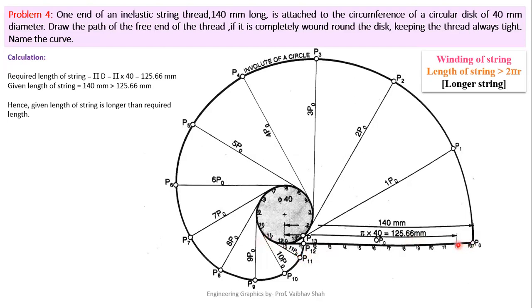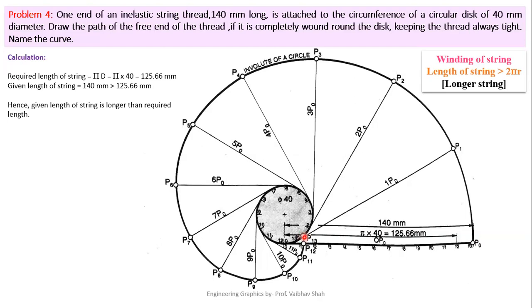Now you have to take the dimension of 12 to P0. So from point 12 you have to find this point on this line. So you will have this point. You have to adjust 12 to P0 on your rounder. You have to put your rounder at point 12 and you will have this as a final point. And it is obvious that for 13 to P0, from 13 you have to go and find this point, which will be your point on the circle.